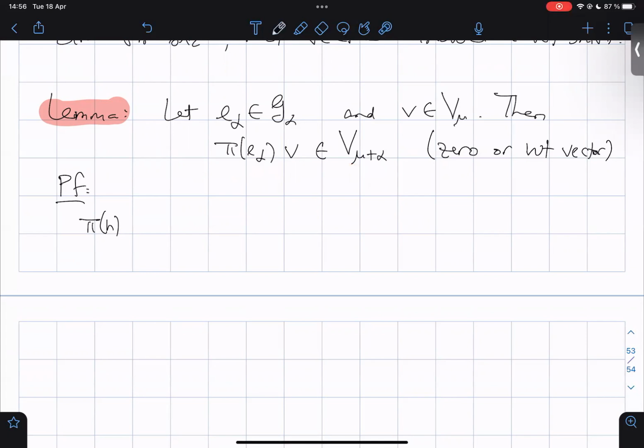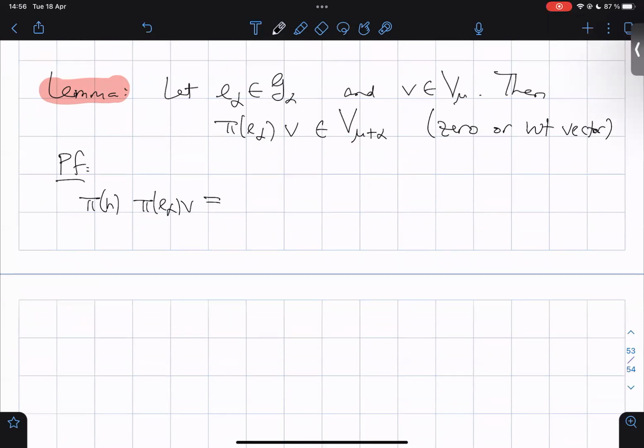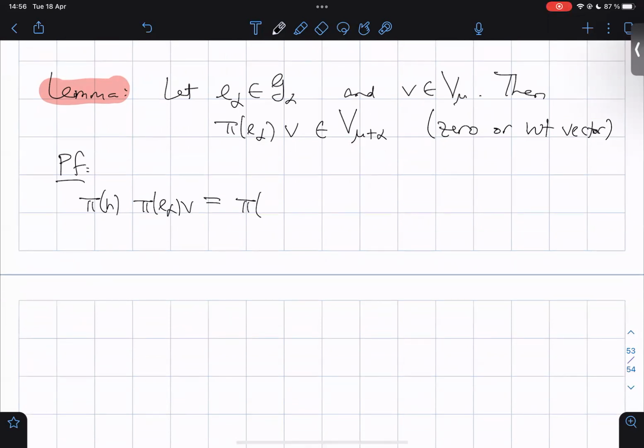So I'm going to take that vector and hit it with this pi of H. We've seen this type of computation before. We do an interchange at the cost of a bracket. Really, I skipped a step here.